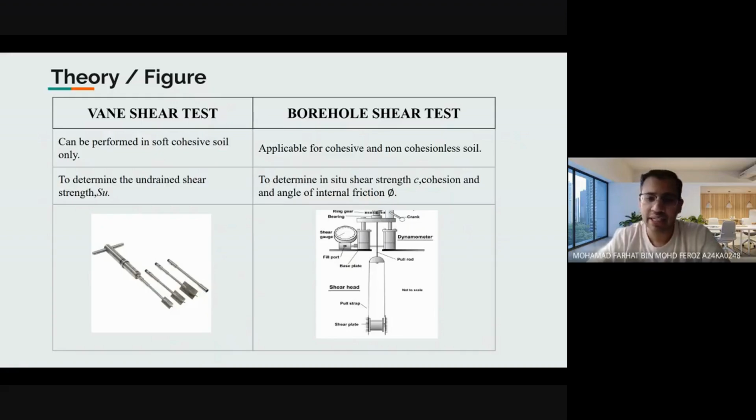The shear head is carefully inserted into the hole to the point where the shear strength is to be measured. The test proceeds by expanding the cylinder halves into the soil by applying pressure from the surface through a piping system. Then the cylinder is pulled out with a pulling load and displacement is recorded.